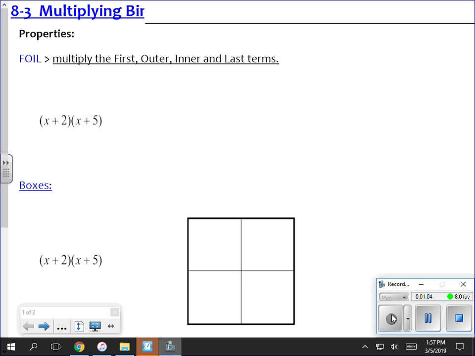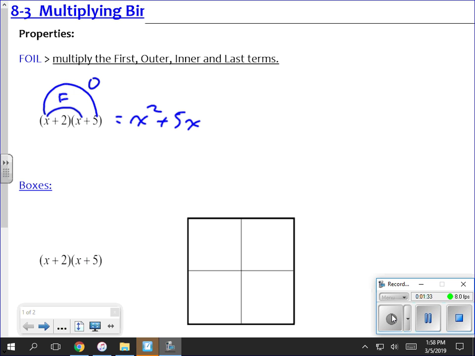As an example, first terms, x times x. Those are my first terms. x times x gives me x squared. Outer, the two terms on the outside. x times 5 gives me 5x.